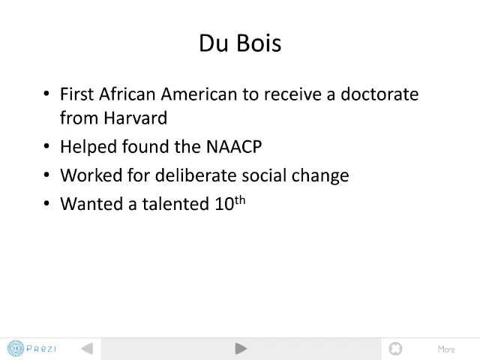He wanted the talented 10th, and I love that idea, that 10% of every ethnic group, now I'm going to use it in the broad terms, should have PhDs, should have high-level degrees. And that 10% will be talented enough to lead and guide the rest. Pretty good.